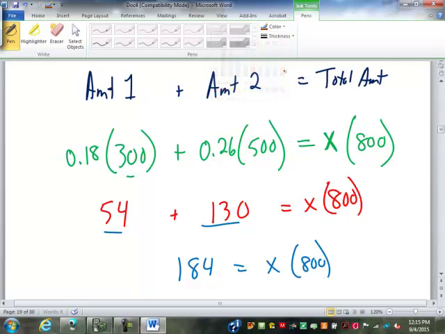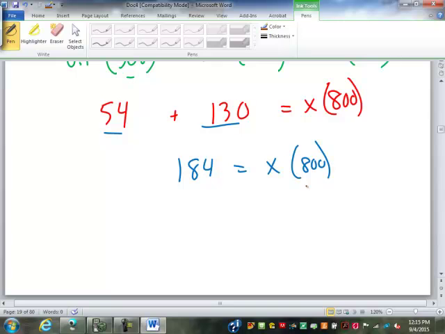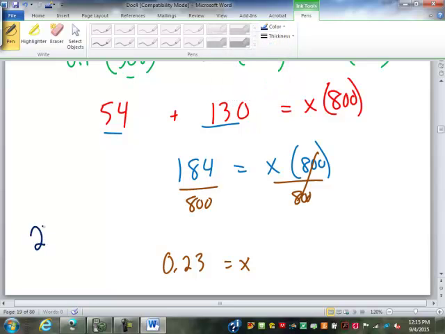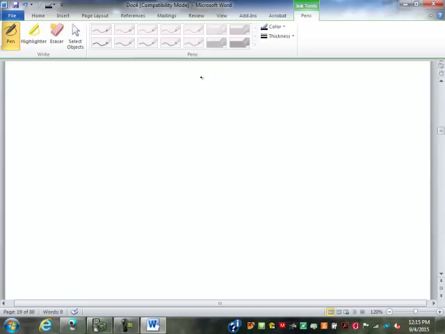And I'm going to solve this by dividing by 800 to get x by itself. If I divide that by 800, I get 0.23, correct? Equals x. So what that means is the concentration of this resulting solution is 23%. Make sense? Okay.